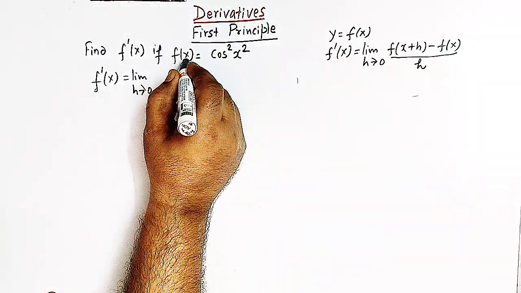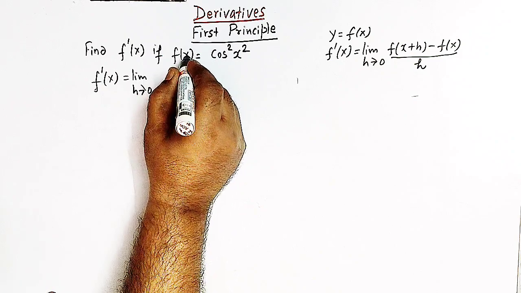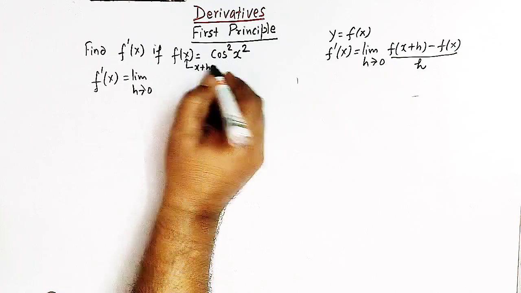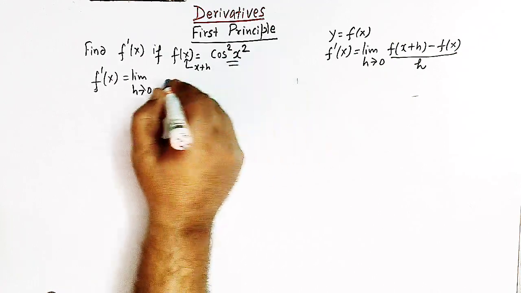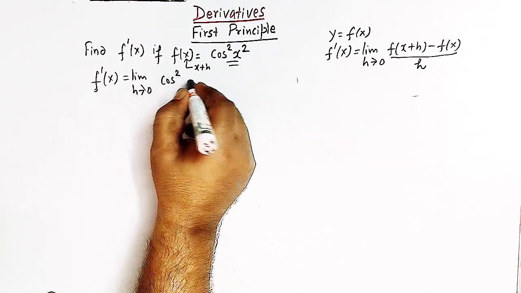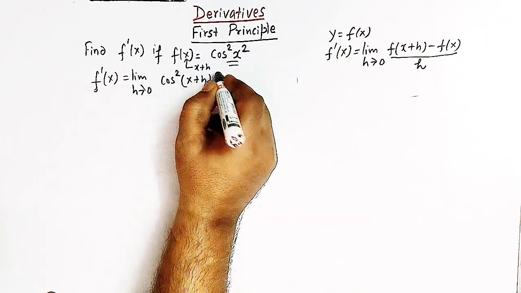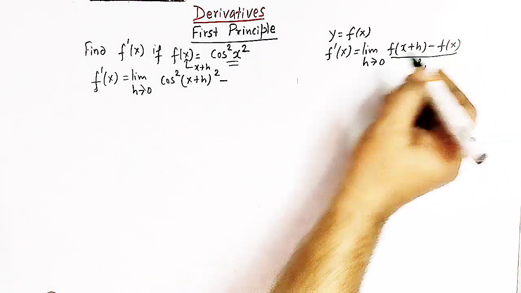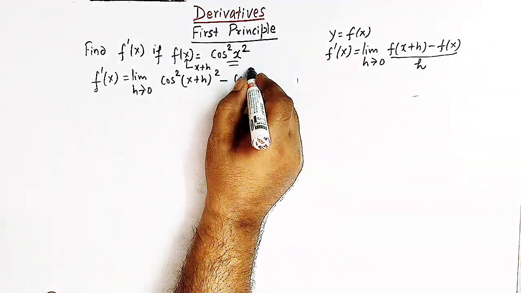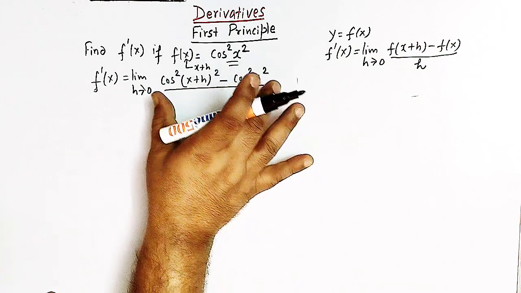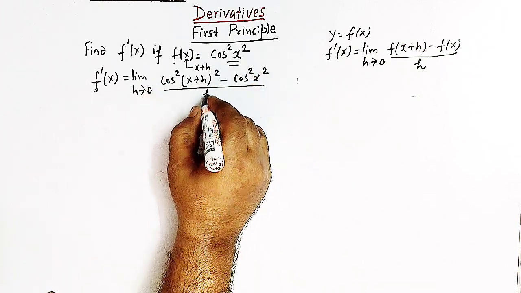So f of x plus h can be obtained by replacing this x by x plus h in this function. So we have cos square, and x square can be written as x plus h square, and then we have f of x, which is cos square x square, right? And we divide this difference by h.